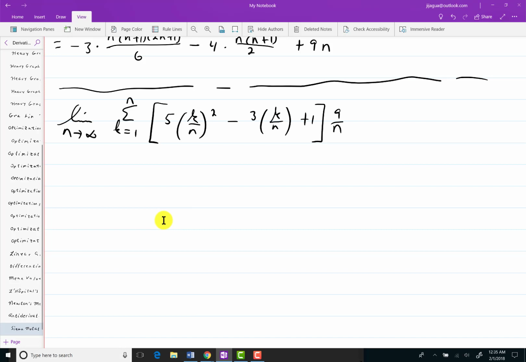Now, what I typically do in these types of problems is I do break them up into pieces. This n goes to infinity business we're going to do as a very last step. We're going to do all the algebraic stuff first.